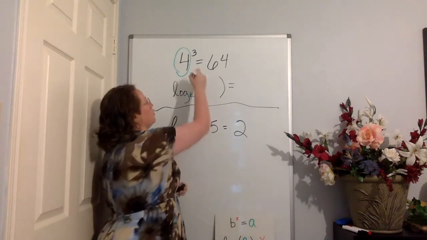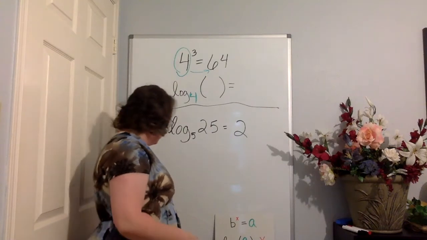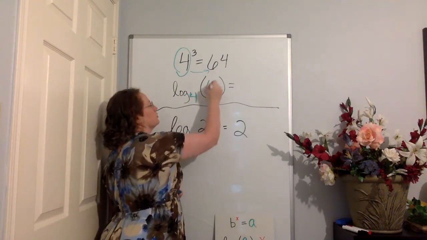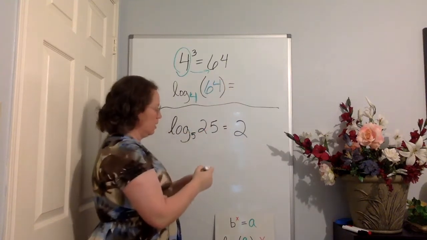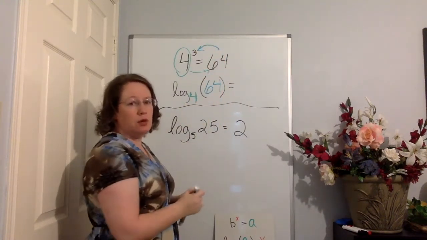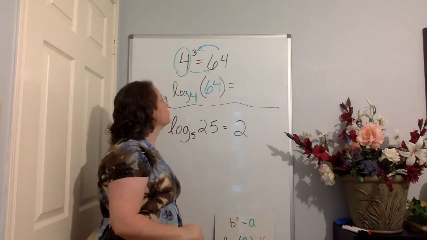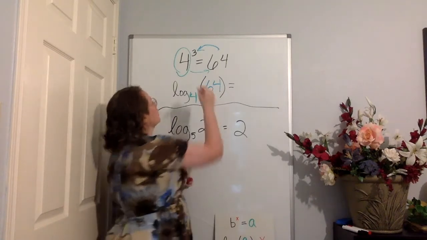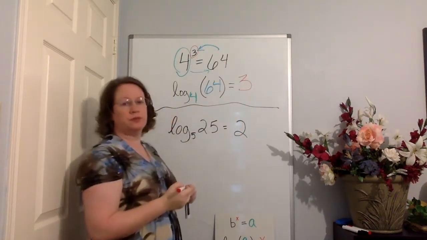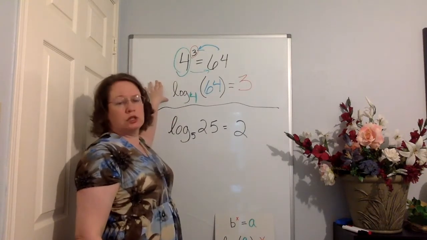From the base, we go across the equal sign. The argument is what comes next. And then we come back, and the exponent is always by itself on the other side of the equation. And my exponent is 3. So now we've taken our exponential and turned it into a log.